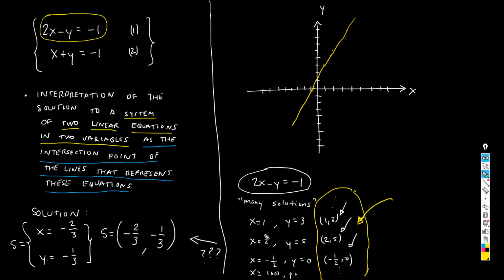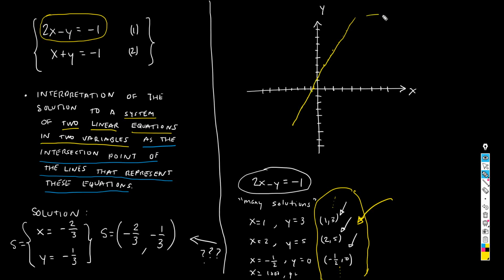You give values to x, you get the corresponding values of y. You represent these solutions as points. You go to the Cartesian plane, you graph those points, maybe some 3 or 4 or 5. You don't have to do a lot. It's not necessary. And then you trace a straight line over them.